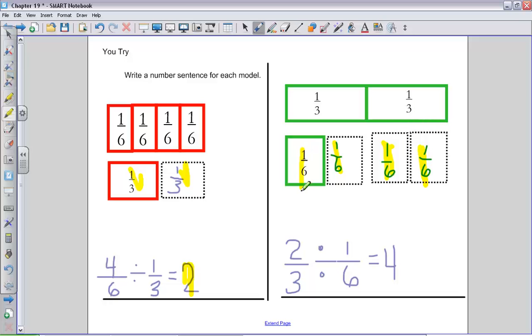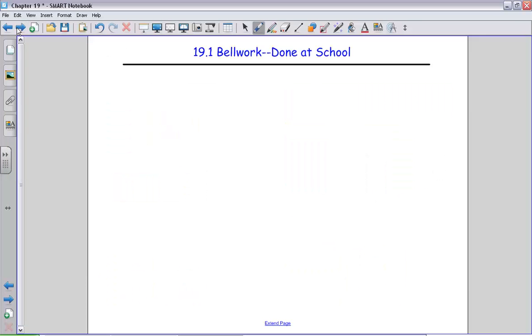I know that 2/6 is equal to 1/3. So I have a total of 1, 2, 3, 4. That's how I get 4 as my final answer. And again, remember, keeping with the theme, my quotient is bigger than my dividend.